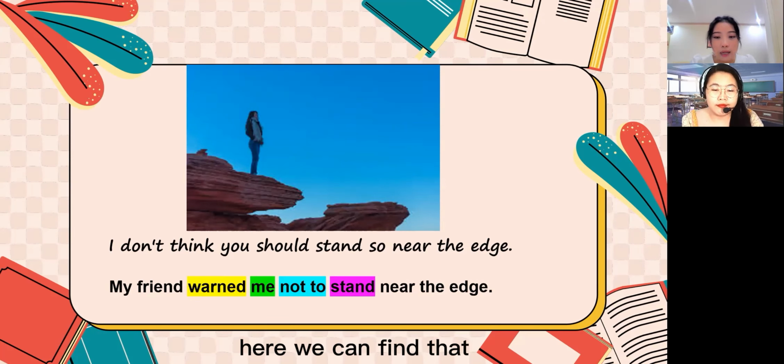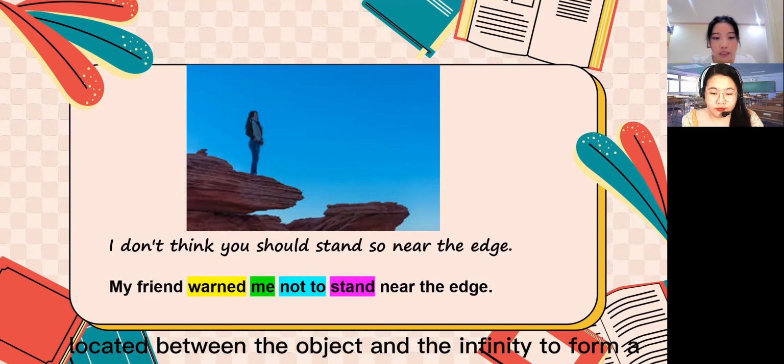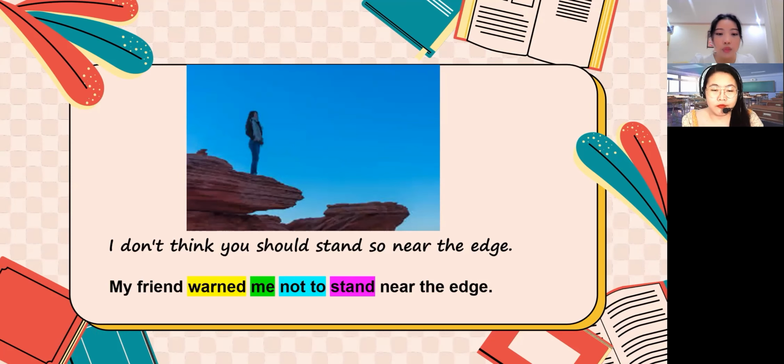Here we can find that in different situations, we can use different reporting verbs. Use the object and the infinitive after the reporting verb, and not is located between the object and the infinitive to form a negative sentence.